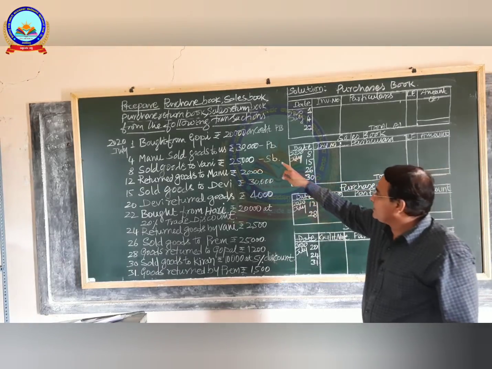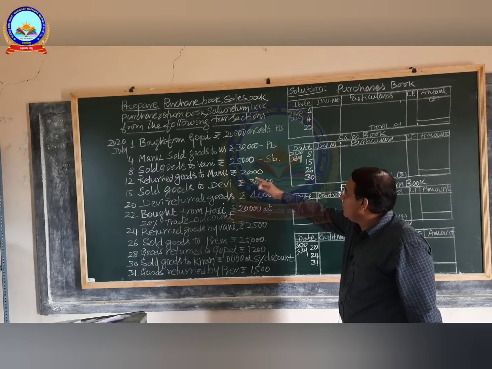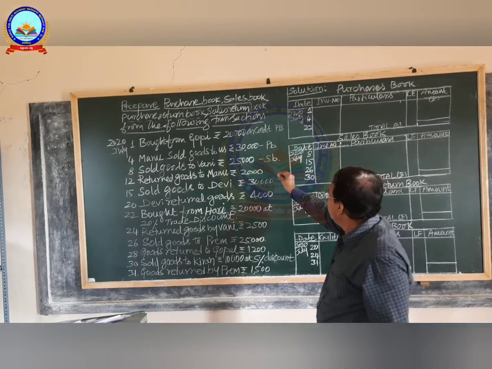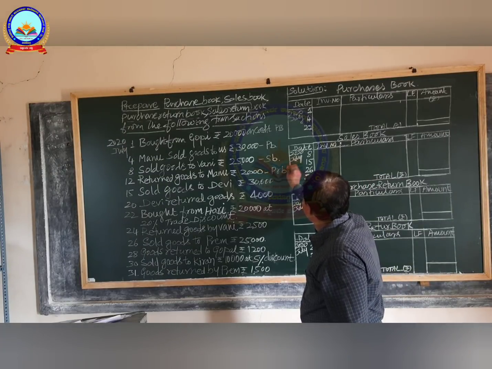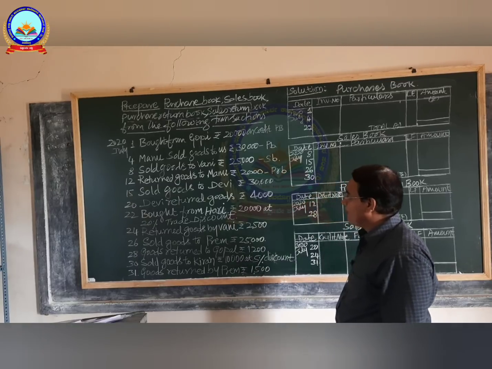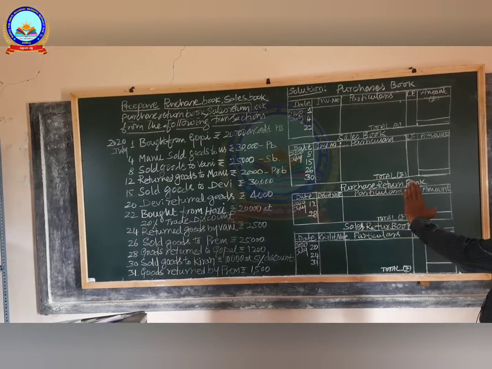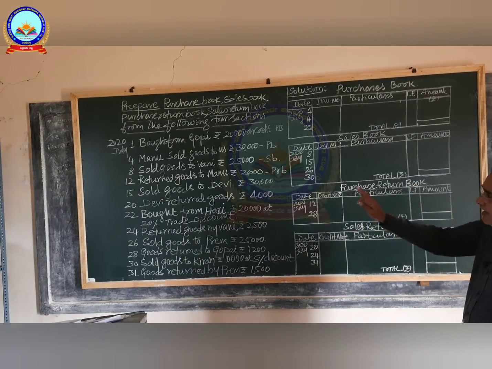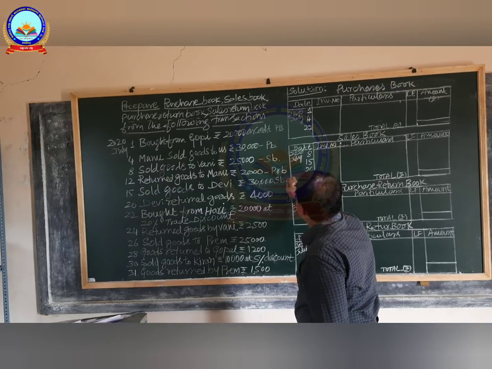I mean, we have purchased the goods from Manu. When the goods have been returned to Manu, the transaction should be entered in the purchases returns book. 15th, sold goods to Devi. It is clear, goods sold to Devi on credit, the transaction should be entered in the sales book.